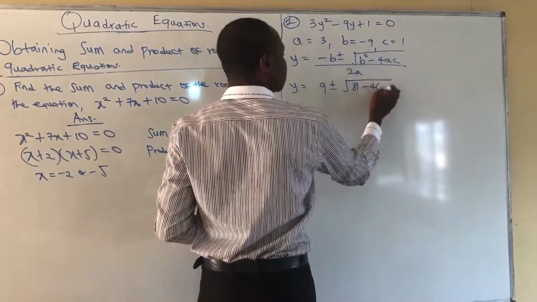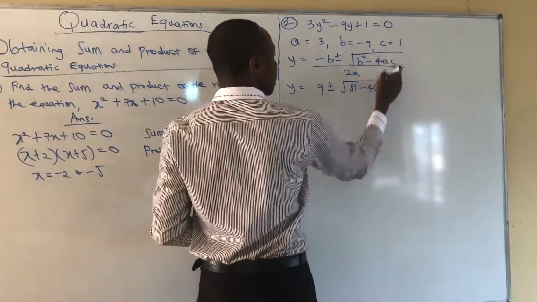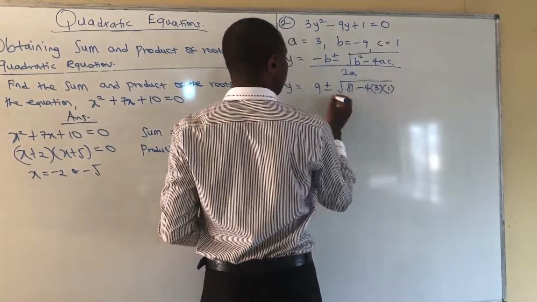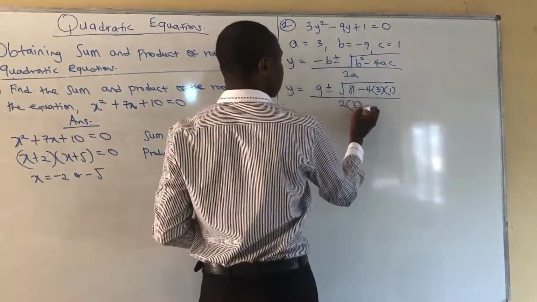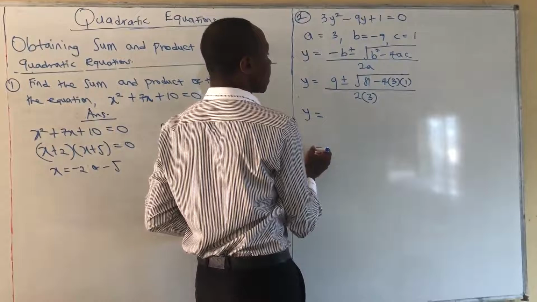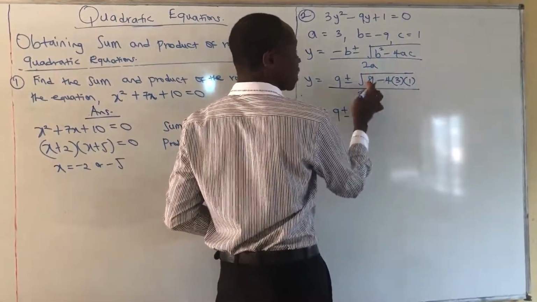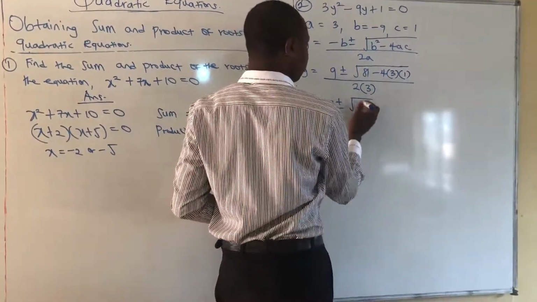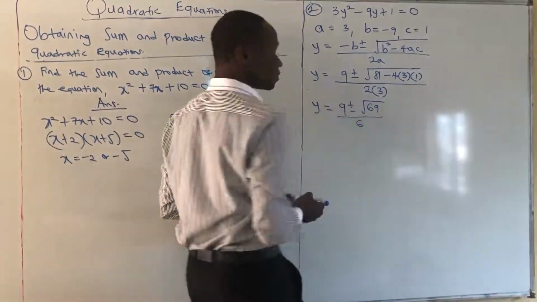We try to be fast with this because we have introduced this in the previous video. A is 3 and C is 1, so that we have all over 2 brackets, A is 3. With this, we'll be having Y equal to 9 plus or minus square root of 81 minus 12, and that will give us 69 over 6.